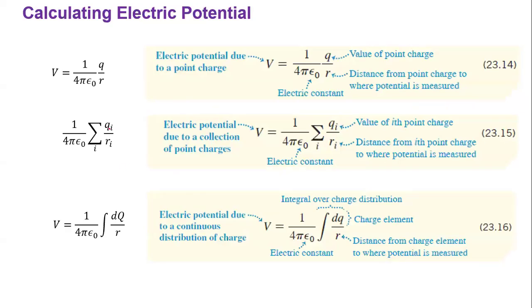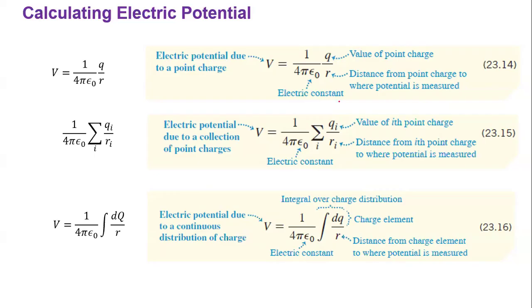So we can calculate the electric potential using formulas. For example, the electric potential due to a point charge is equal to 1 over 4 pi epsilon naught times Q over R, where Q is the value of the point charge and R is the distance from the point charge to where the potential is measured.